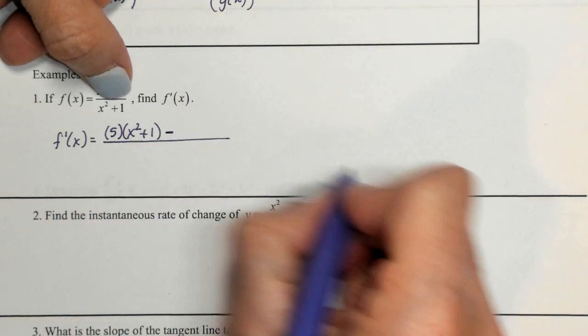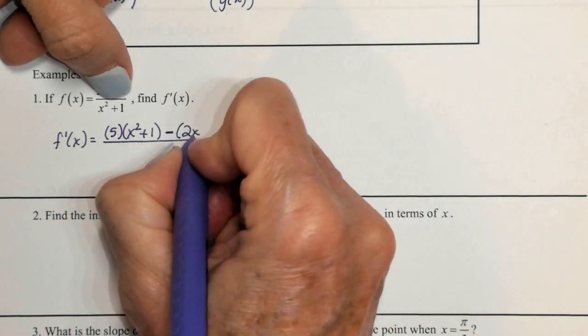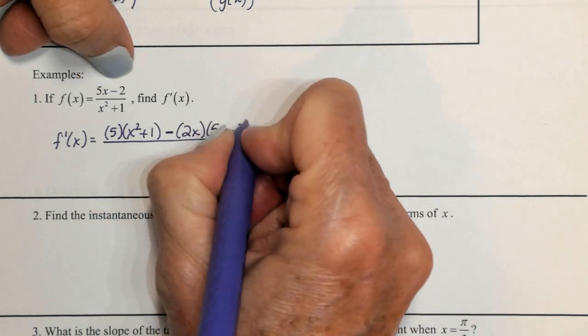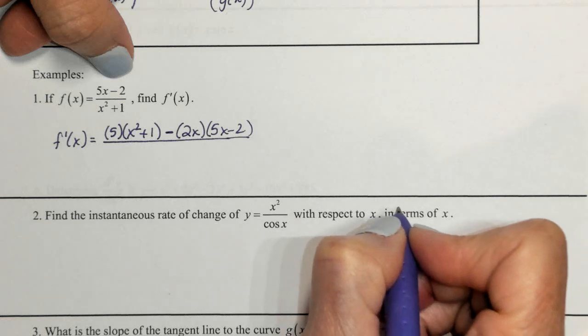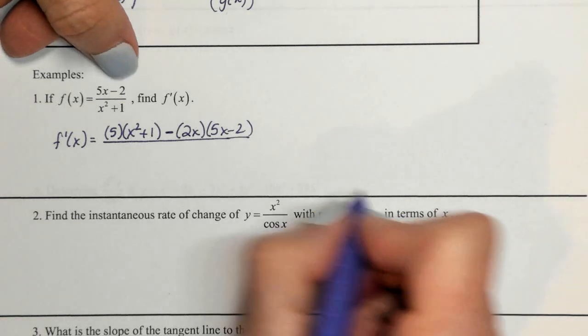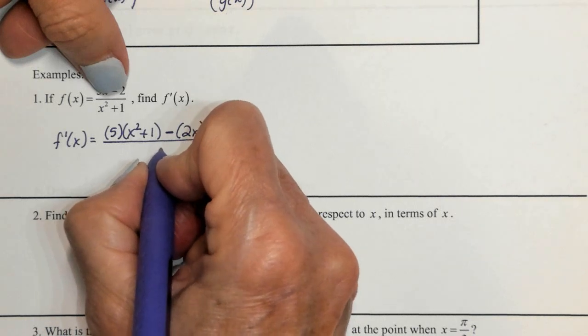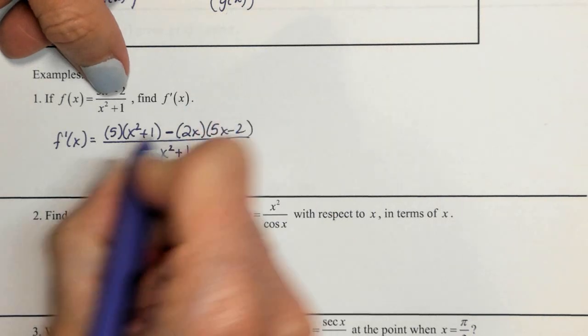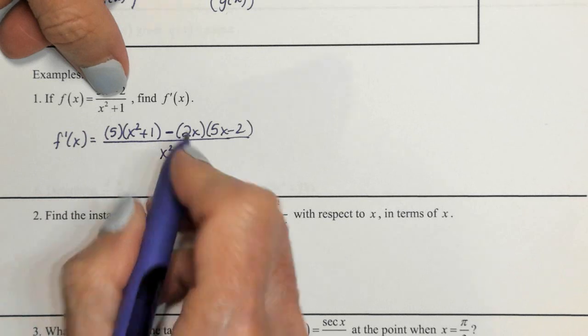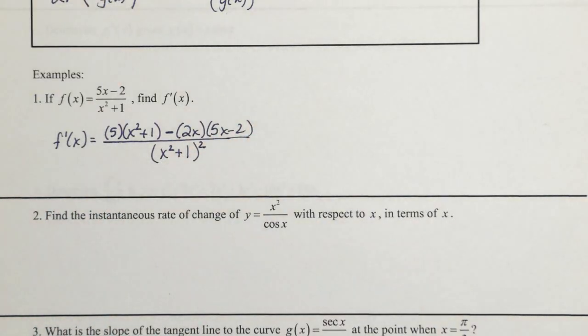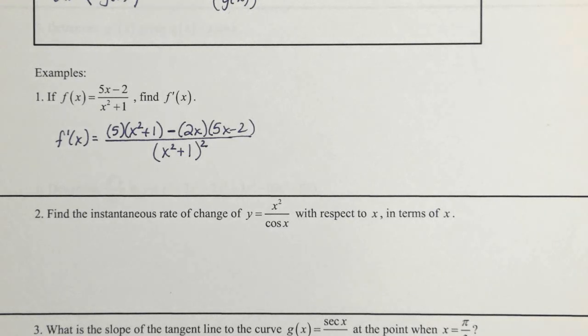Now the derivative of the bottom times the top left alone. And that is the numerator. And in the denominator we take our denominator left alone but squared. And that's it. This would be a safe stop spot.